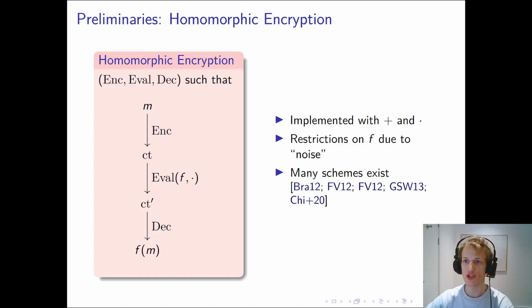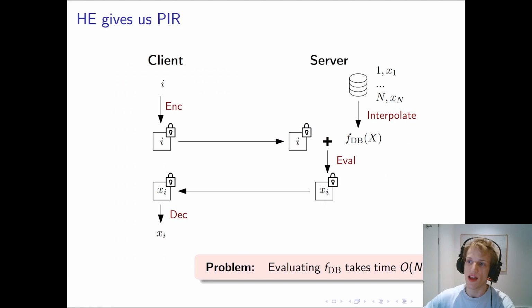Okay, it should be quite clear that we can build a naive PIR scheme from homomorphic encryption, and it would work like this. The server starts by, in a pre-processing phase, taking the database and encoding the whole database in a polynomial. More concretely, we would compute the interpolation polynomial f such that f evaluated at the point i produces x_i.